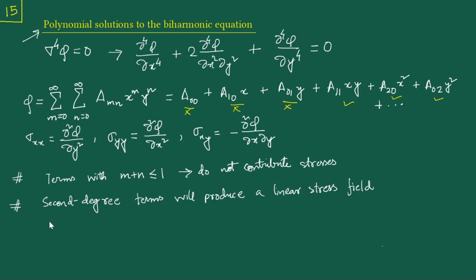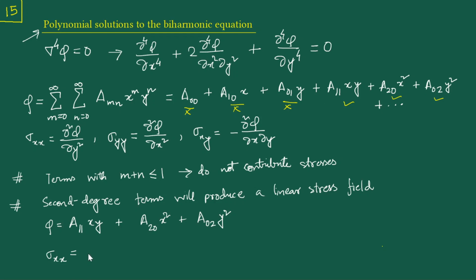So let's say our phi is equal to a11 xy plus a20 x squared plus a02 y squared.